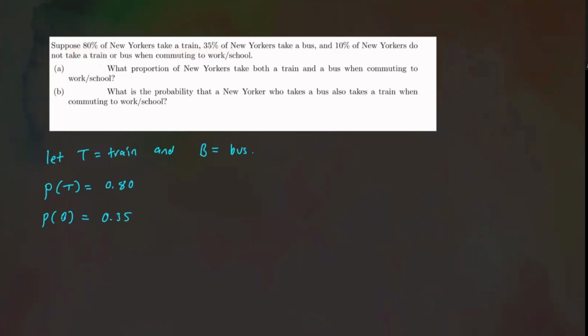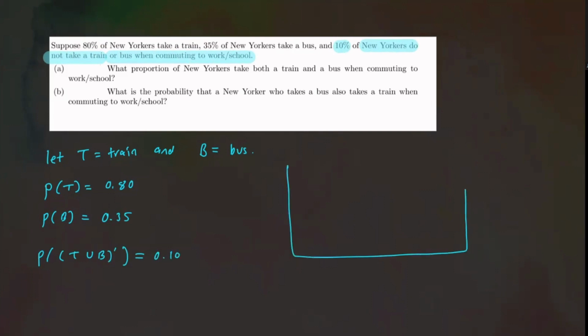And we also know that 10% of New Yorkers do not take a train or bus when commuting to work or school. So that will be the probability of not T and not B, right? That's the complement of T union B. That is going to be 0.10.